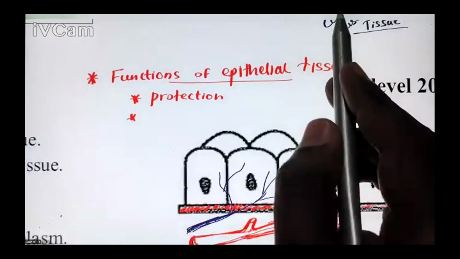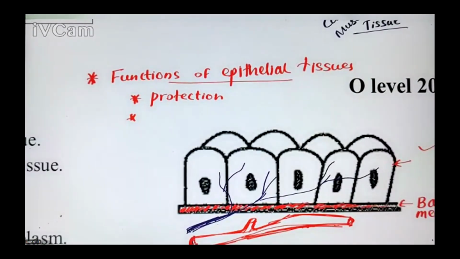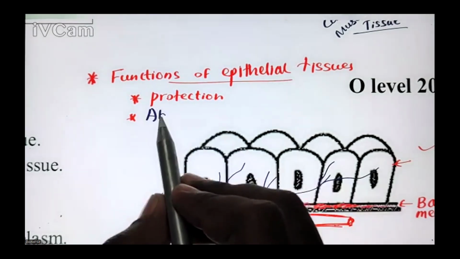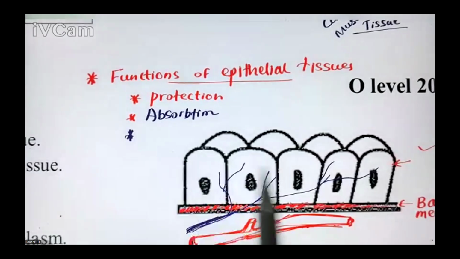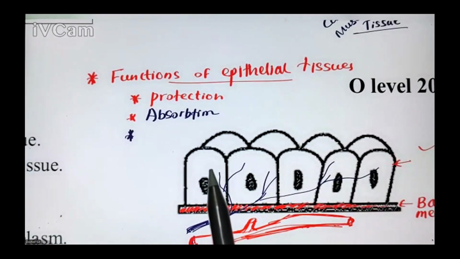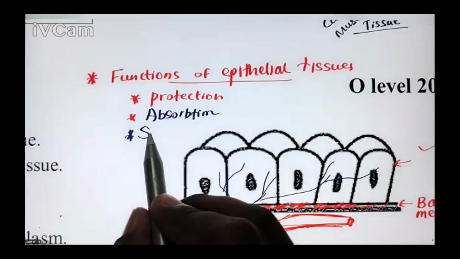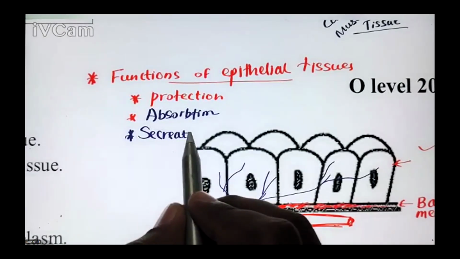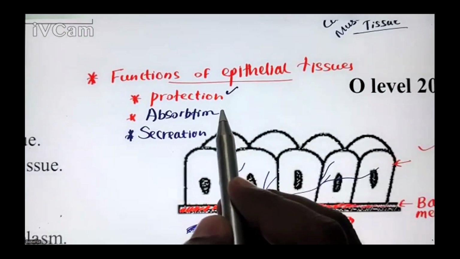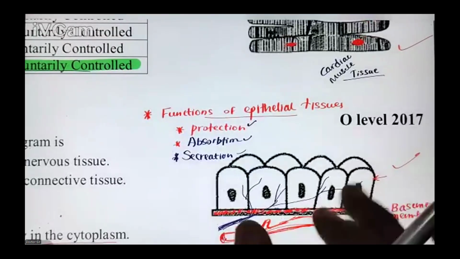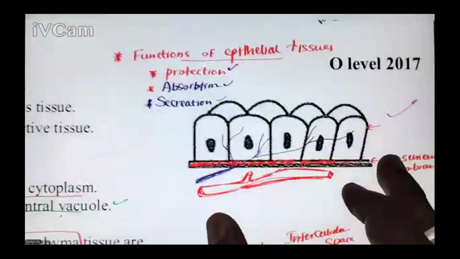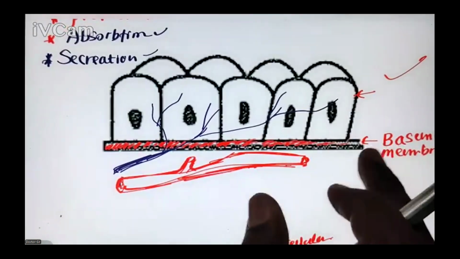Another one: the small intestine and large intestine have epithelium, and that epithelium acts for absorption. Then another one, some epithelia are for secretion. Yes, protection, absorption, secretion. Different epithelia will have these functions.